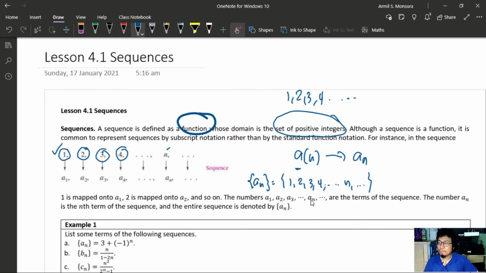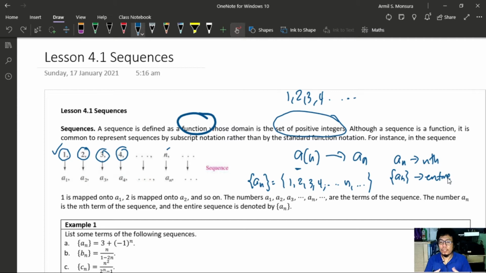We call a_n the nth term of your sequence, and a_n enclosed in a curly brace denotes your entire sequence. Basically, we enclose the nth term inside the curly brace if we are talking about the entire sequence itself.